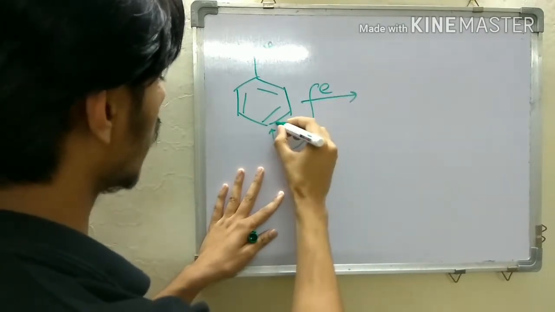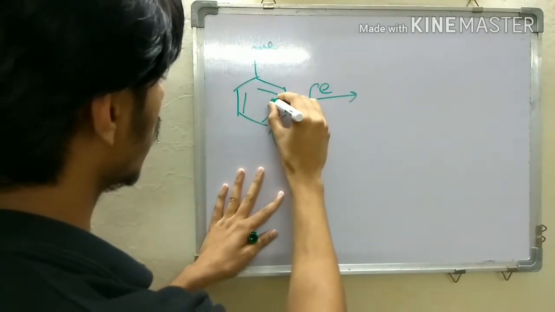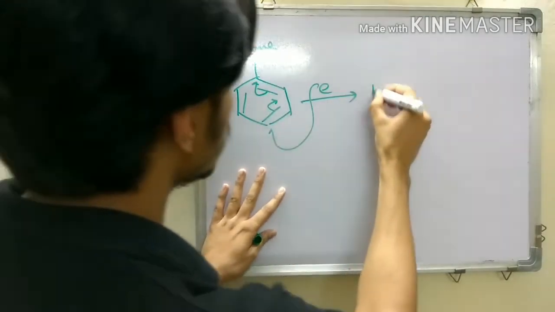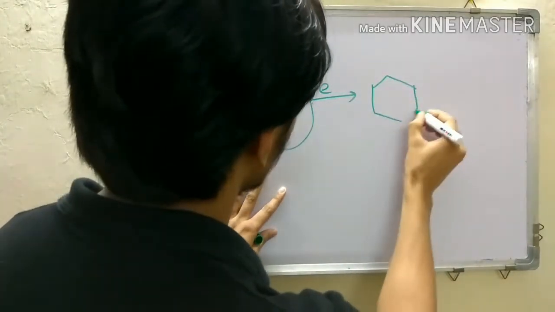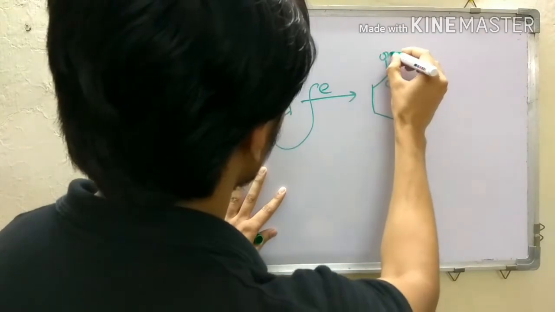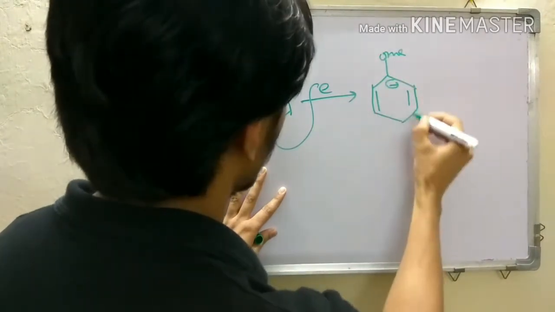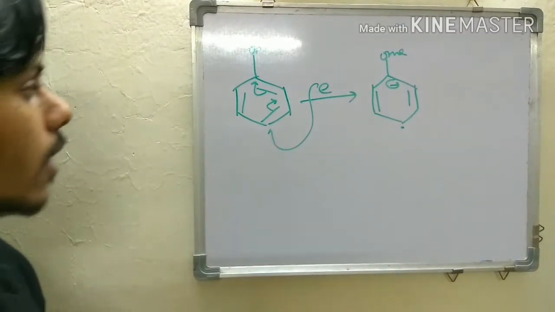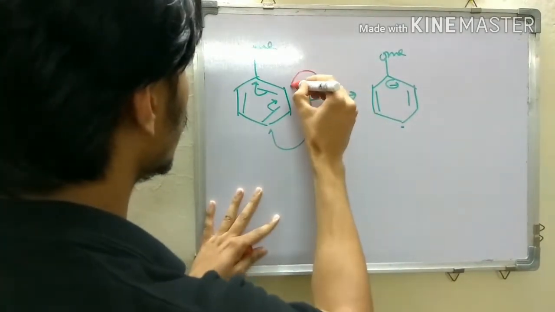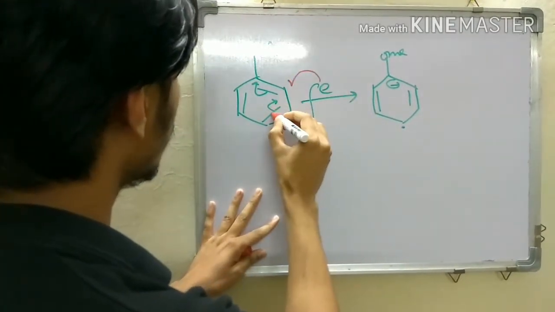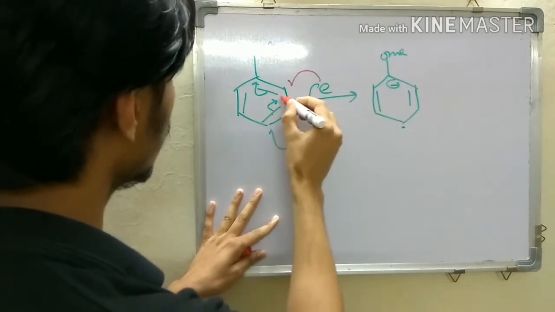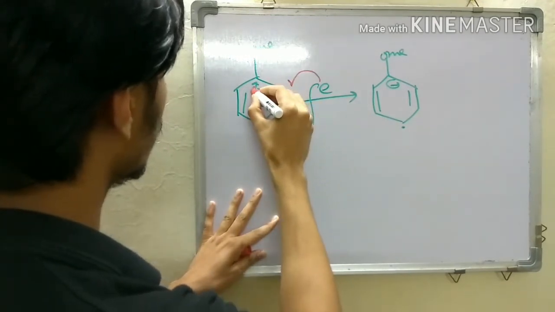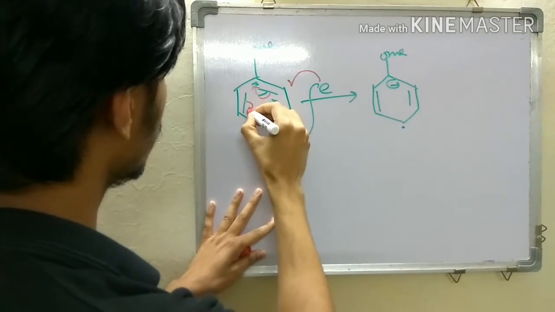Either it can attack here to give this OMe radical, or the electron can attack here, and then you will get this.